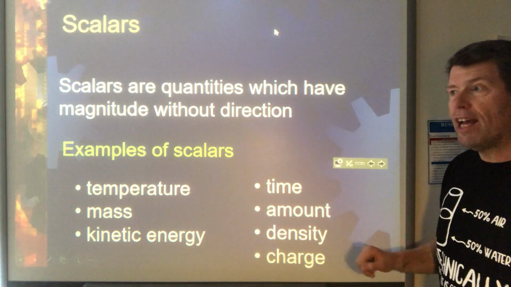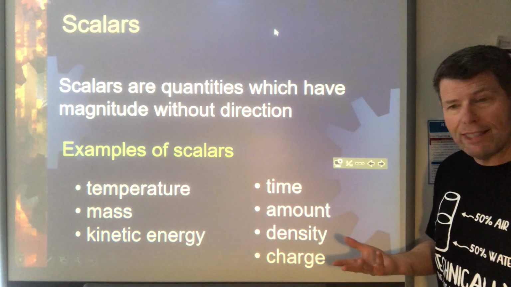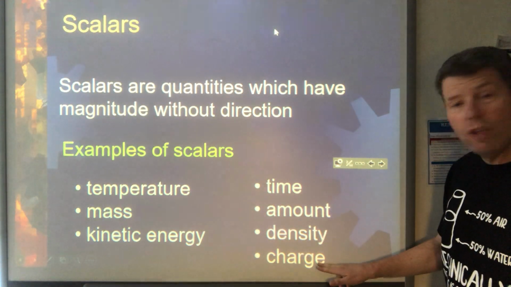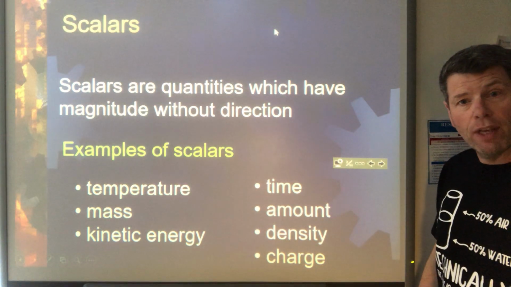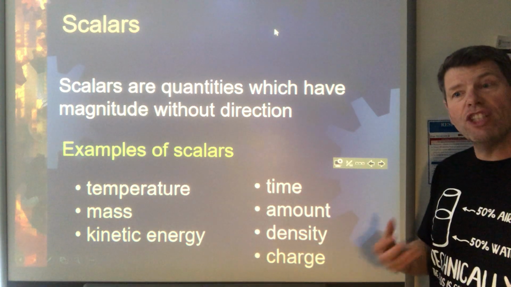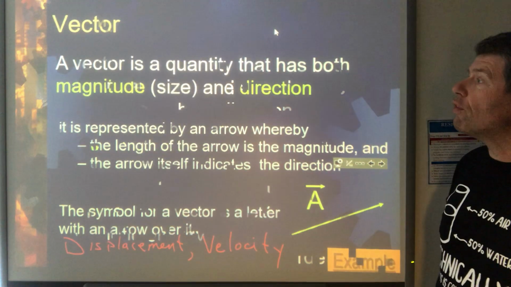Amounts, such as moles in chemistry, direction wouldn't make sense there, or densities, units of charge, a direction just doesn't seem to make sense. So if it's not a scalar and direction does make sense, then we have what are called vectors.